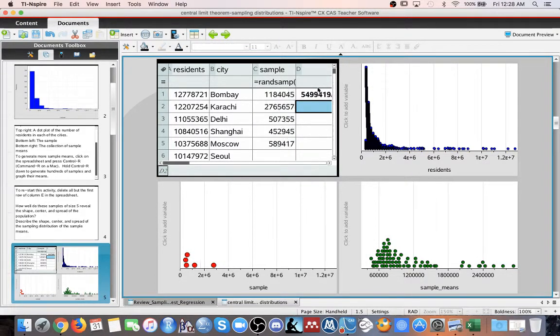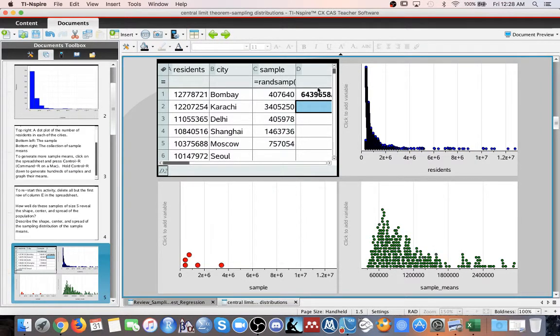And as you watch the distribution get filled in on the right side, you start to notice that it's looking sort of skewed. At first thought, you might be thinking, well, that's what we want, right?